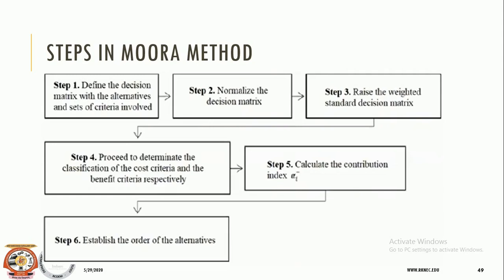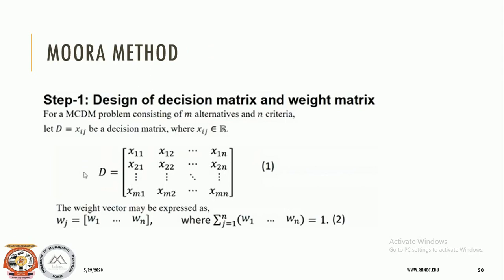We have seen that cost criteria will be different and benefit criteria will be different. In the coming steps you will come to know how this can be calculated. Then we need to calculate the contribution index, again in step 4, and in step 6 establish the order of alternatives. Now let us see step by step in very brief.